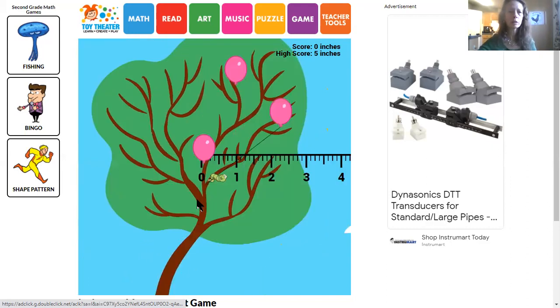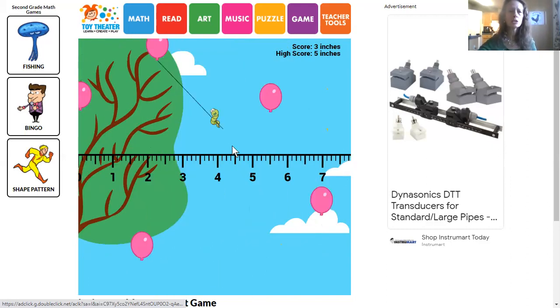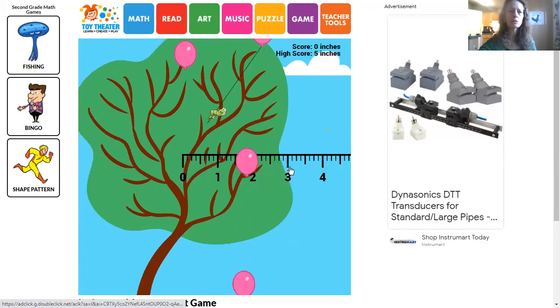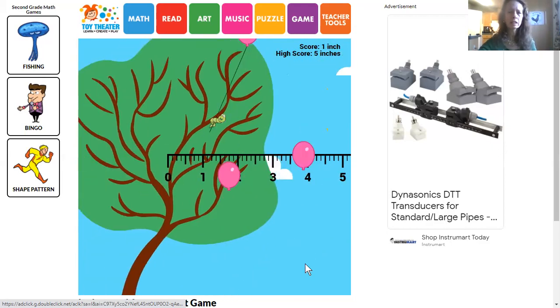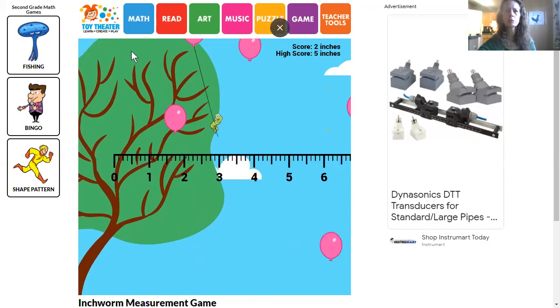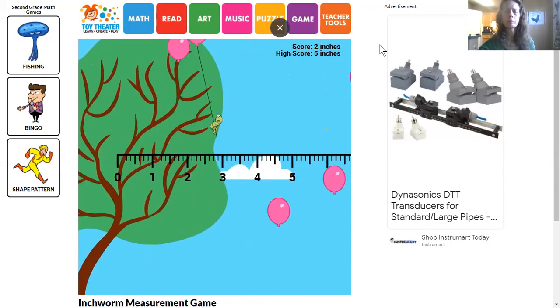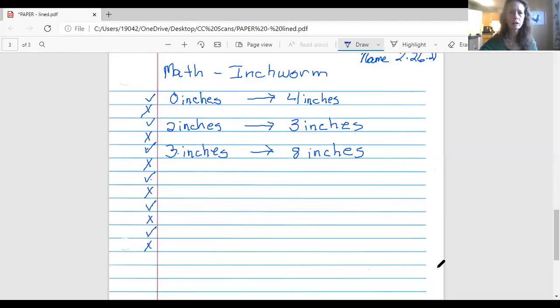Oh, this time it looks like we went from 0 to the 5. See how he was going to the 5? Now he's starting to slow down. Let's put 0 to 5 on that. He went 0 inches to the 5.